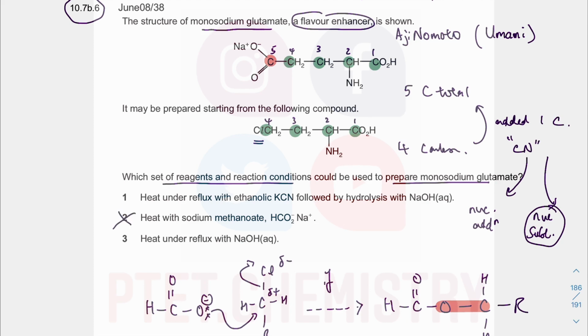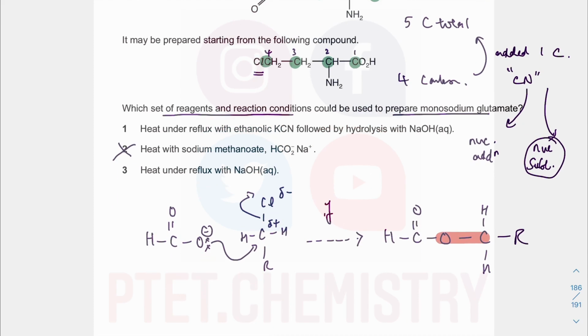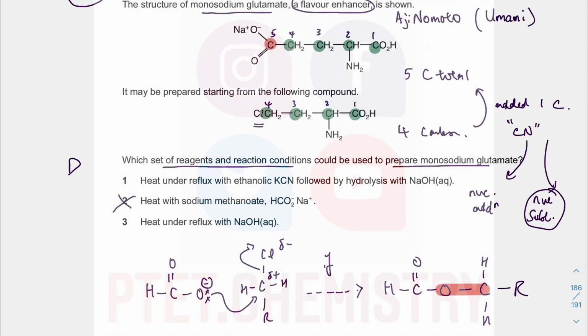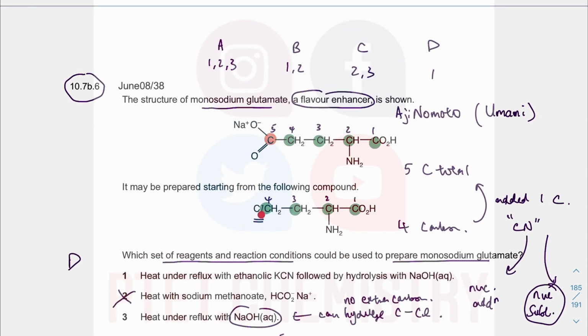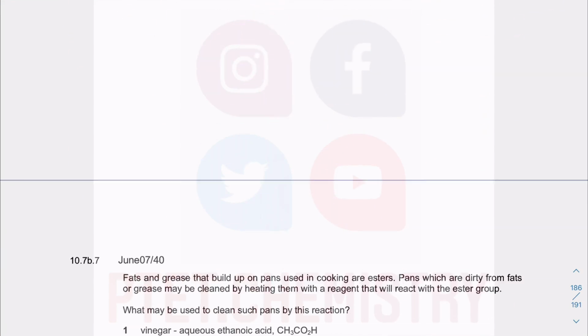Number 2 is definitely wrong. If you draw it out, you can see it. Alright, number 2 is wrong. There can only be one option. Heating under reflux with NaOH can hydrolyze the C-Cl, but no extra carbon. You want to add 1 extra carbon. If you just replace the Cl with OH, you still end up with 4 carbons. You don't end up with 5 carbons.